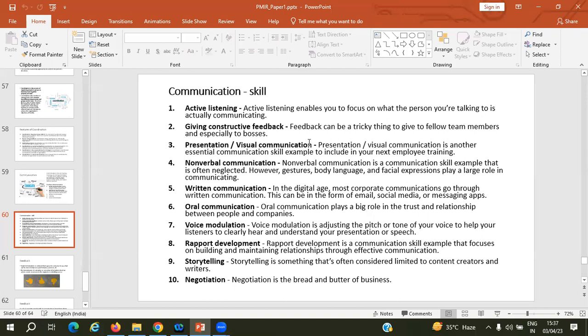The second thing is feedback, giving constructive feedback. Suppose you are giving feedback to your colleague, your subordinates, or someone who is working with you, your co-workers. A person is not doing well, so you want to give proper feedback. Suppose you want to give feedback to your brother.